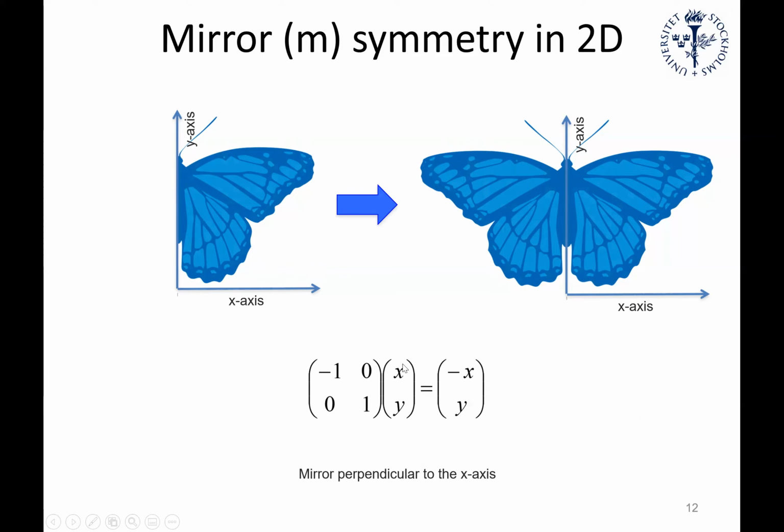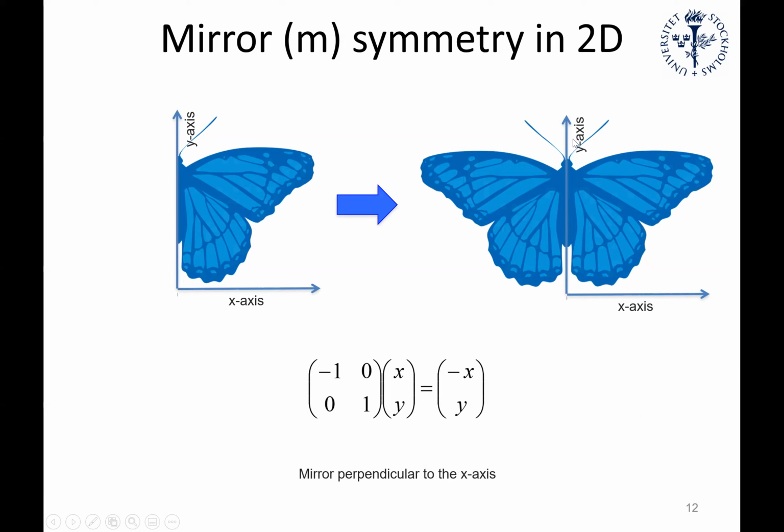So say you have any coordinate x, y here. To get the equivalent position opposite the mirror, this 2x2 matrix will give you the equivalent position across the mirror. Again, this is a mirror that's perpendicular to the x-axis.